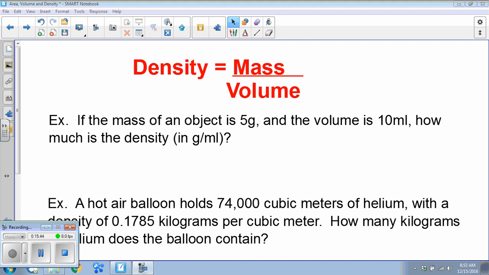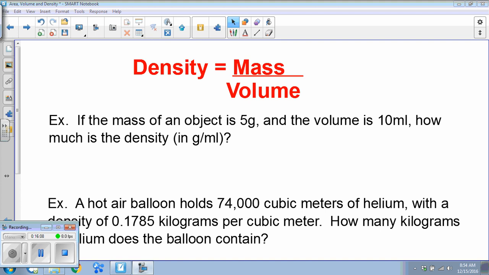Mass will be in grams or kilograms or something like that. If they give you the density, it'll be grams per whatever, or kilograms per cubic inch, so density will be measured like that.